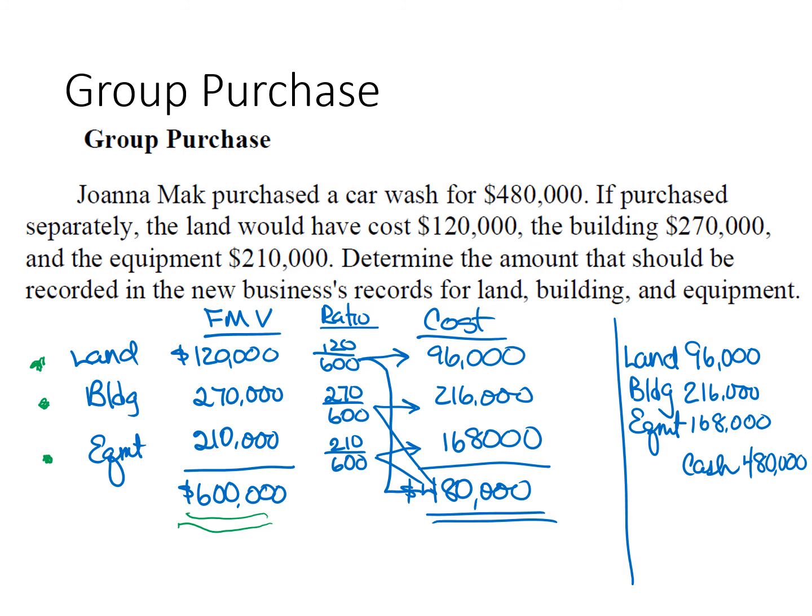So notice we take that ratio times $480,000, and building will be debited for $216,000, its portion of the purchase price.